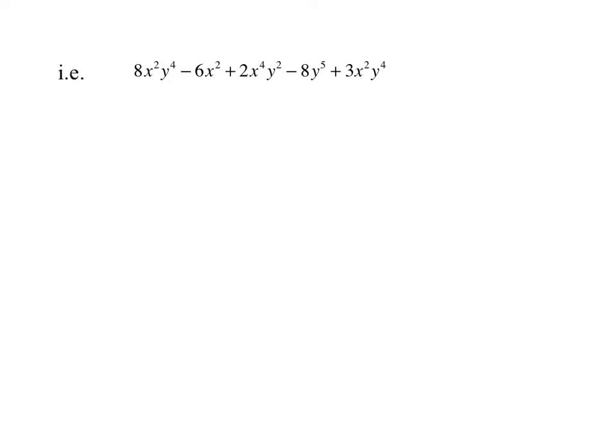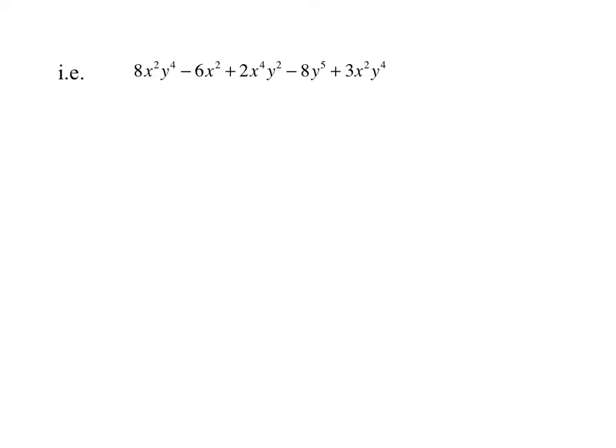Here is a polynomial expression made up of monomials, specifically made up of 1, 2, 3, 4, and 5 monomials. When you're comparing monomials in a polynomial expression, you're looking to see if there are any that are alike.